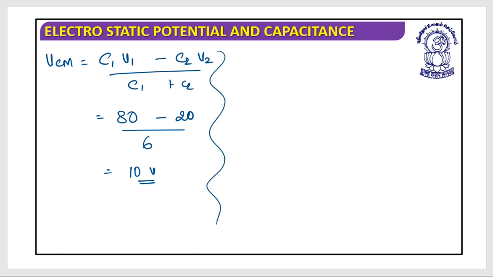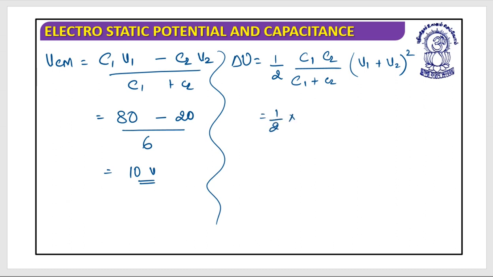Now you want to find out the energy lost. The energy lost would be calculated as delta U equals half C1 C2 divided by C1 plus C2 into bracket V1 plus V2 whole square. This is equal to 1 by 2 multiplied by 4 microfarad multiplied by 2 microfarad divided by 4 plus 2, it's 6, multiplied by V1 plus V2, it's 20 plus 10, it's 30 volt whole square.